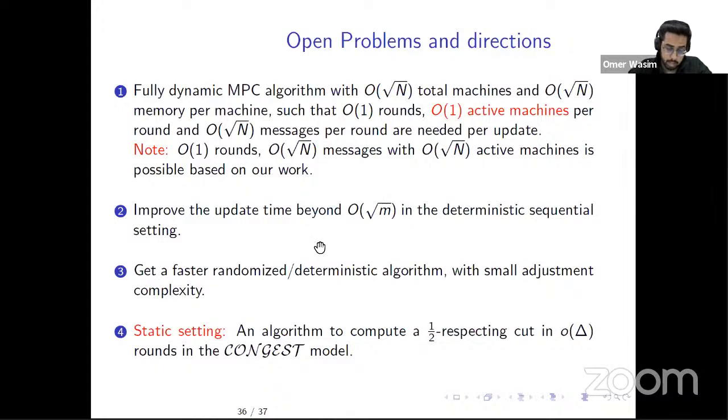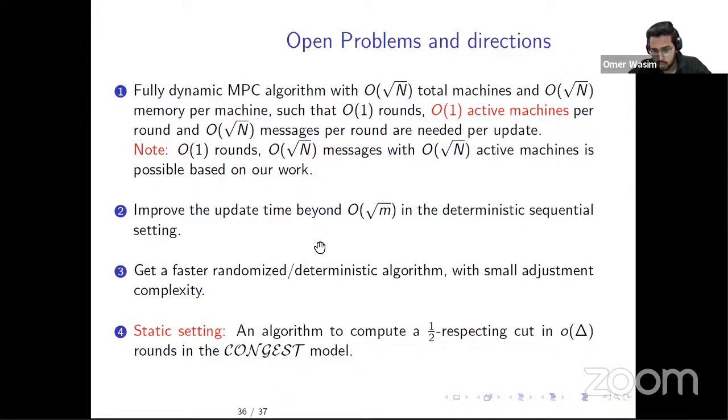And one of the main open problems is to improve the update time beyond square root of m in the sequential setting. And the sublinear update time algorithms that we obtain in this work actually have a large adjustment complexity, and one of the major open problems would be to actually reduce this adjustment complexity.